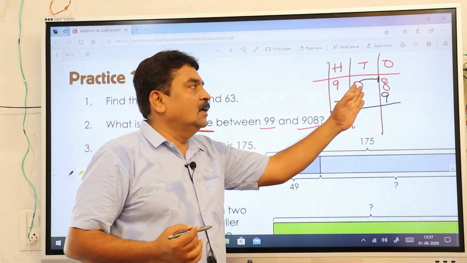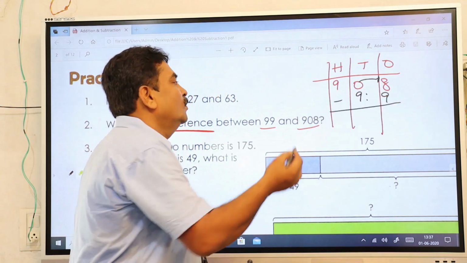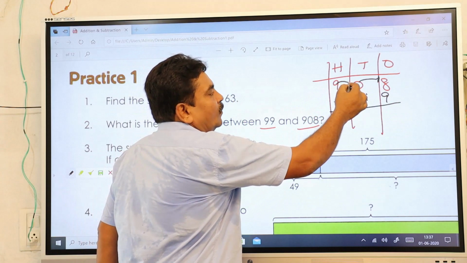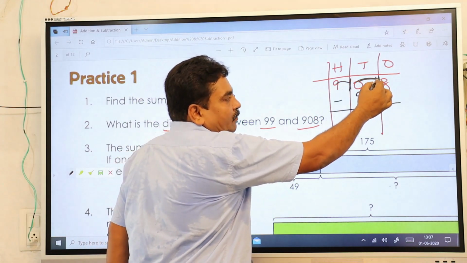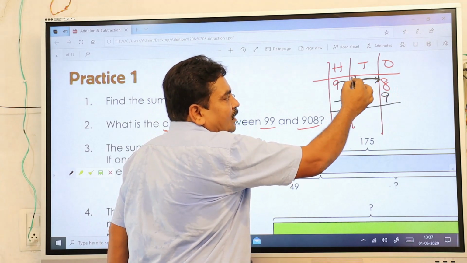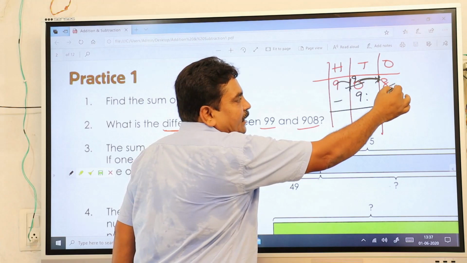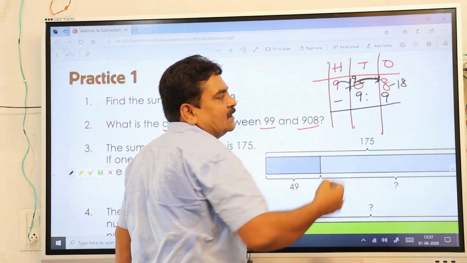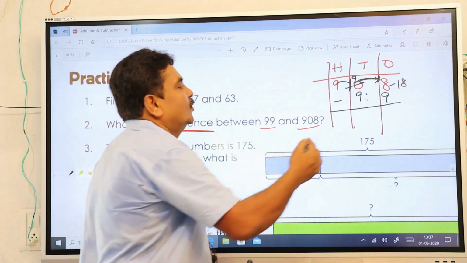But here you have 0, so from 0 you cannot take 1. So you have to carry one more from this number. It becomes 10. When you take one more from 10, it becomes 9, and here it becomes 18. So 18 minus 9 is 9. You know 9 plus 9 is 18. So 9.